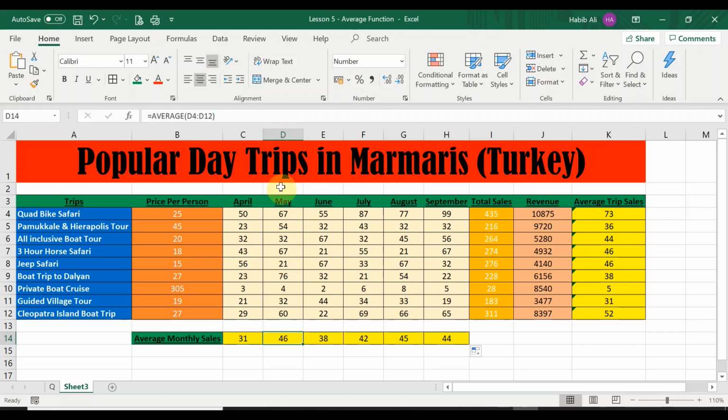Now column D is all about the May month, and also if I take you to this bottom one here, for example, you can see in the formula bar that it has included the row number 12, so C12 all the way to H12, which is these cells here, and these are the correct ones to be used.